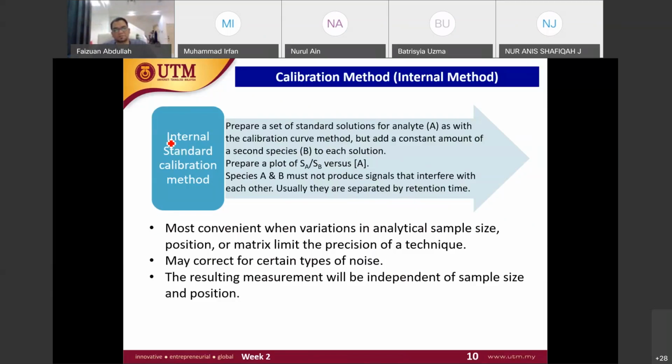Species A and B must not produce signals that interfere with each other. Usually they are separated by retention time. In analytical work, sample size, position, or matrix can limit the precision of a technique. This method may correct for certain types of noise. The resulting measurement will be independent of sample size and position.